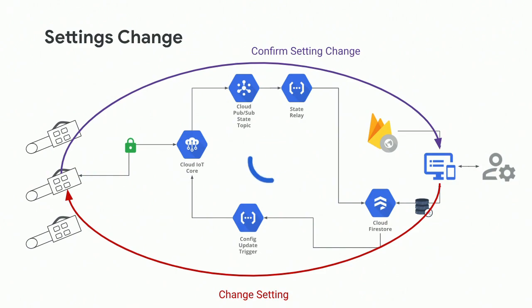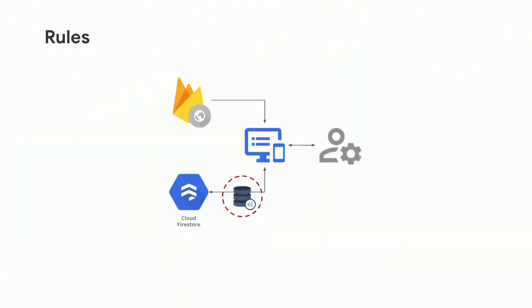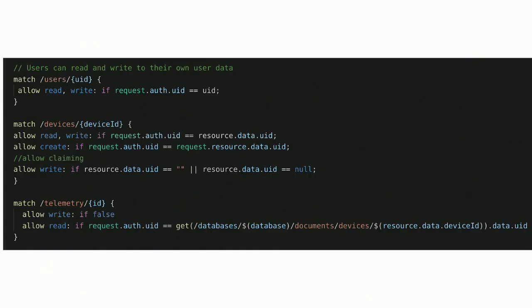I'm going to show you a little bit more about how these Firebase rules apply, because these rules are what are preventing one user from seeing data from a device or changing settings of a device while another user has that device claimed.